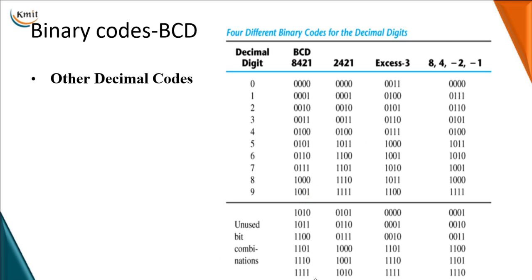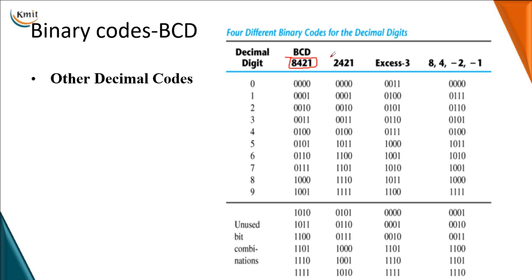Now, not only do you have binary coded decimal codes, your codes are classified into positional weighted codes and non-weighted codes. Positional weighted codes follow some positional weights, like in the binary number system or in BCD. BCD contains only 4 positional weights, which are 8421.